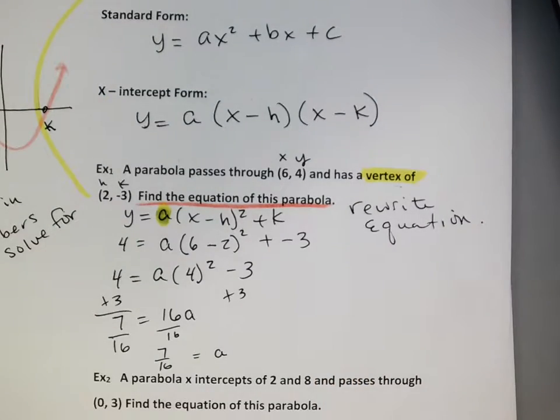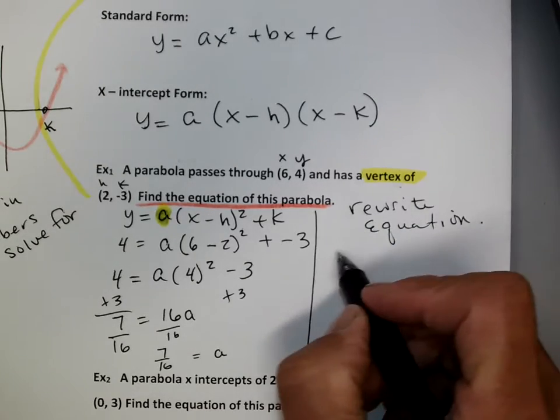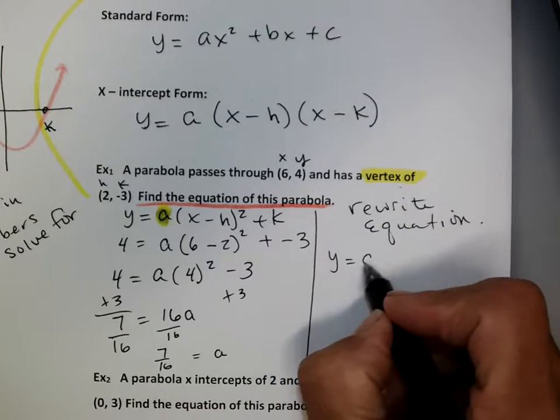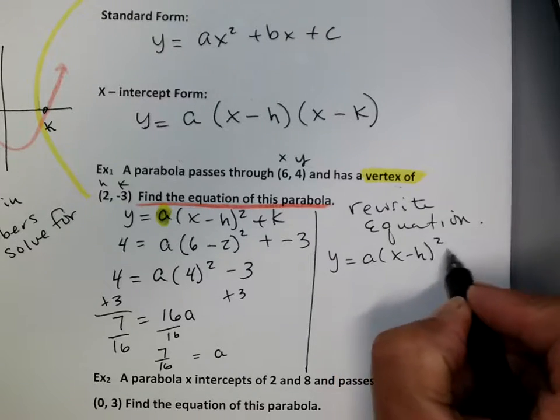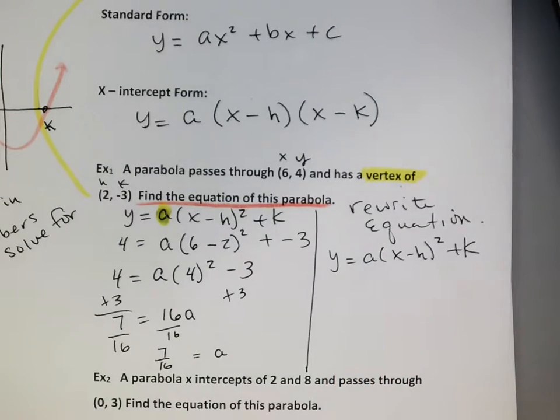I'm going to have my Y equals my A times my X minus H squared plus K. That's my formula. But now I know A, and I know H, and I know K. I'm going to leave X and Y as variables because that way I can graph my parabola.